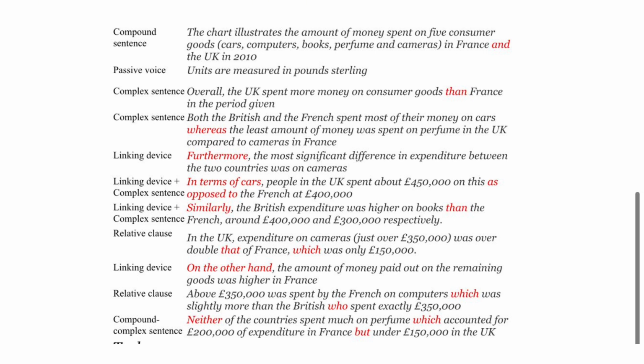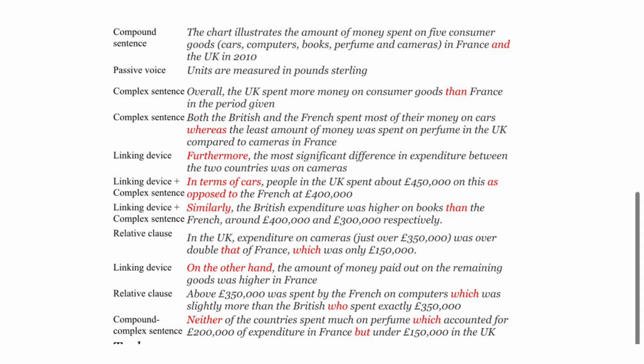And the last sentence, the graph ends with a neither compound complex sentence. Neither of the two countries spent much on perfume, which accounted for 200,000 pounds of expenditure in France, under 150,000 pounds in the UK. So, but makes it a compound sentence, and neither and which make it a complex sentence.